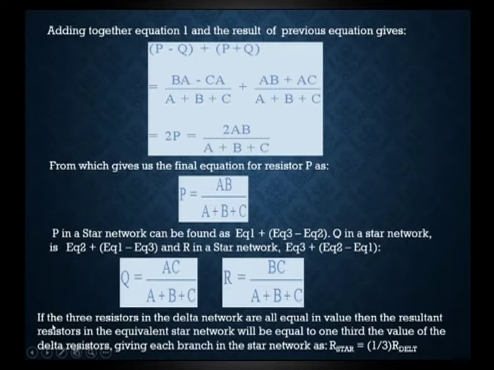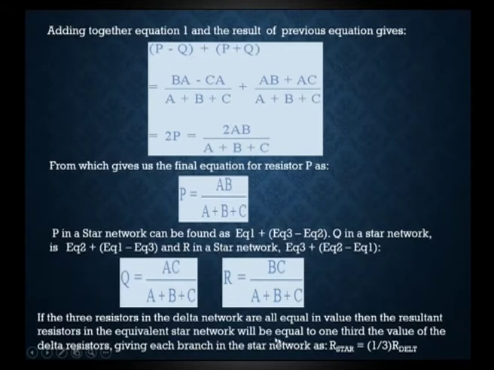Another case: if the 3 resistors in the delta network are all equal in value, then the resultant resistors in the equivalent star network will be equal to 1/3 the value of the delta resistors.